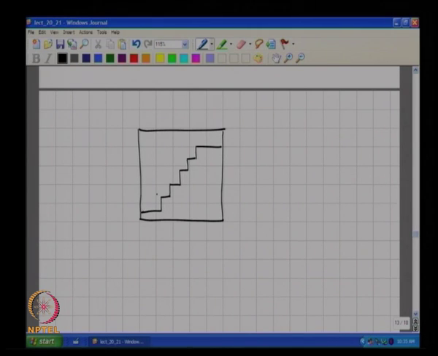This is the range of the quantizer, beyond which the output of the quantizer simply saturates to some value, correct.